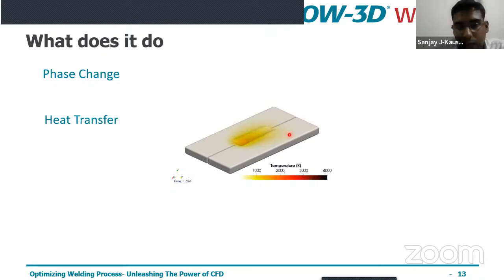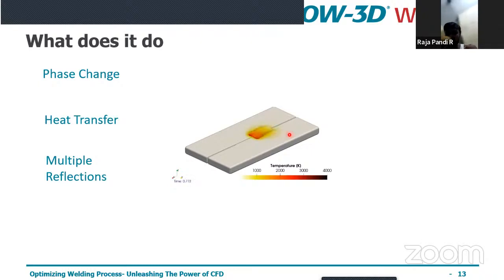Because of the fast cooling rate, are you finding any cracks in the simulation? Are you finding any porosities because of the shrinkage and things like that? And we also have multiple reflections. As we all know, metal reflects light.